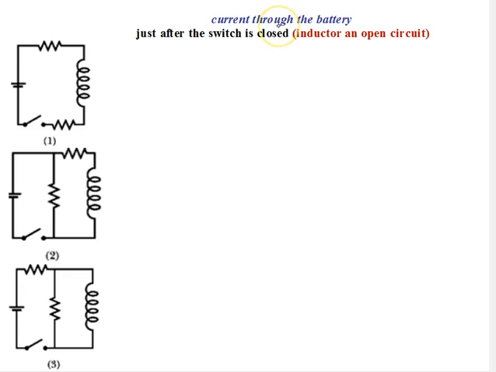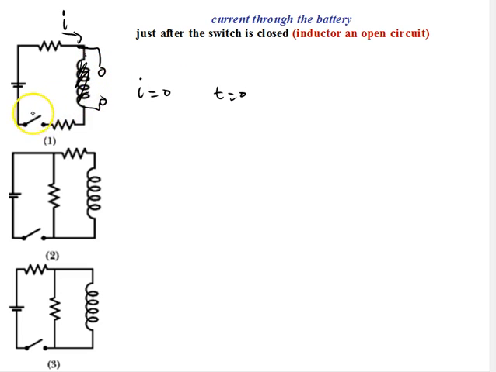So just after the switch is closed, if this is an open circuit, that's as though this isn't here at all, right? It looks like this. Well, what current can possibly flow through this circuit? The current's not going to flow into a bucket. So in this case, I is equal to 0 at t equals 0.